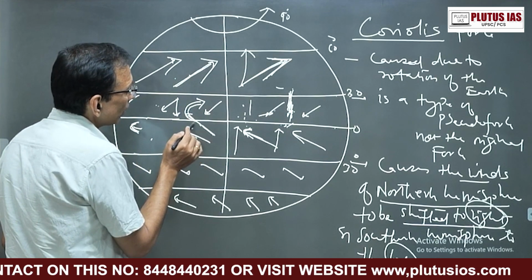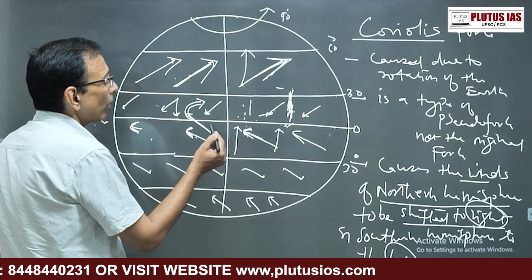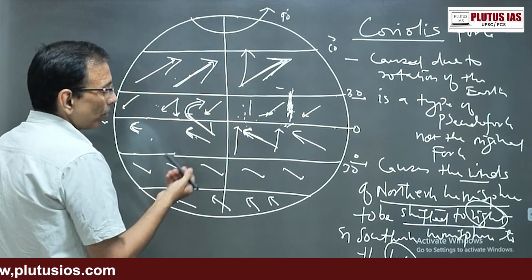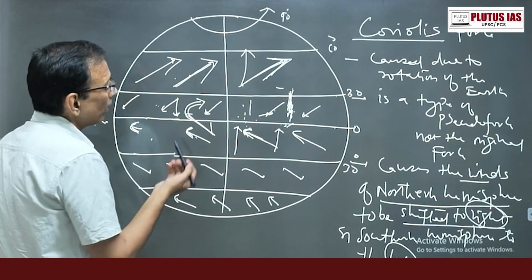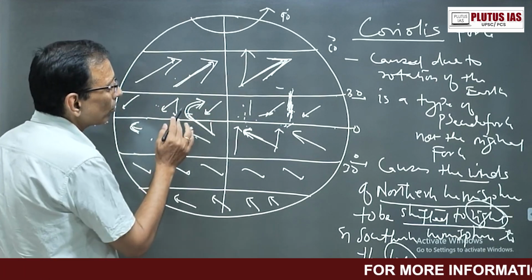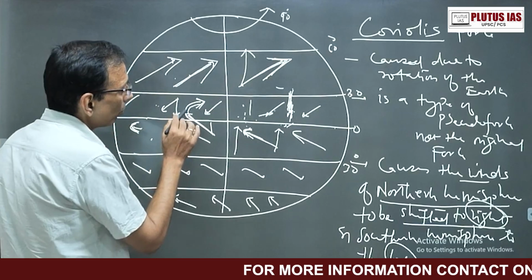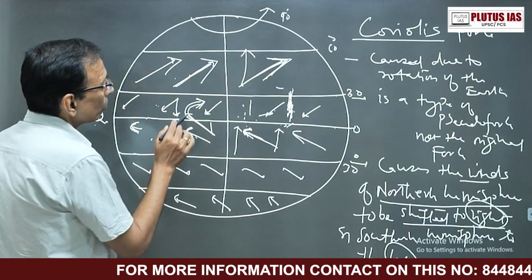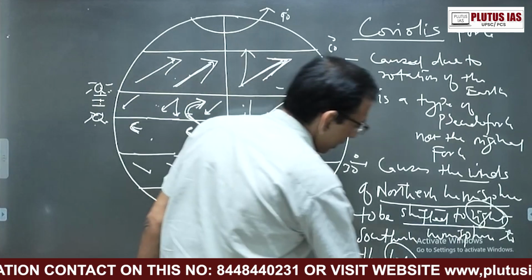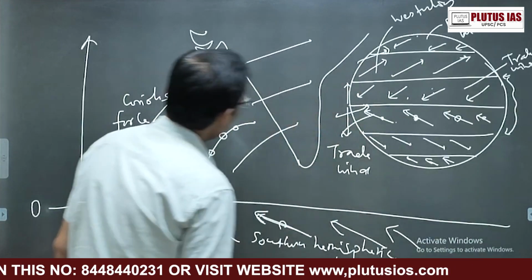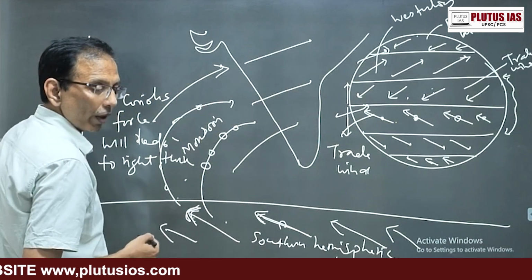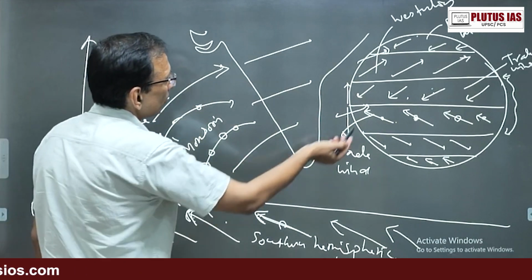Because this is the wind of the southern hemisphere, which was deflected by the Coriolis force to the left. But when it comes to the northern hemisphere, the only way is to shift this wind towards the right because of the Coriolis force of the Earth. So right-handed shifting would be there, and that right-handed movement will lead to the development of this kind of monsoonal wind, which will cause precipitation.